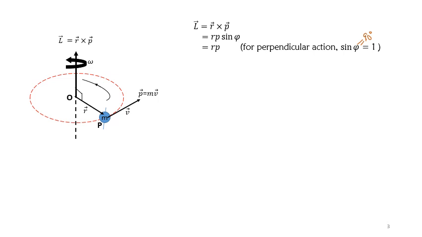Any angle lower than 90 degrees between the two, let's assume the force acts such that the momentum is like this, then this angle is less than 90. That means the angular momentum will decrease. Again, like this, it will further decrease because the angle is getting smaller.